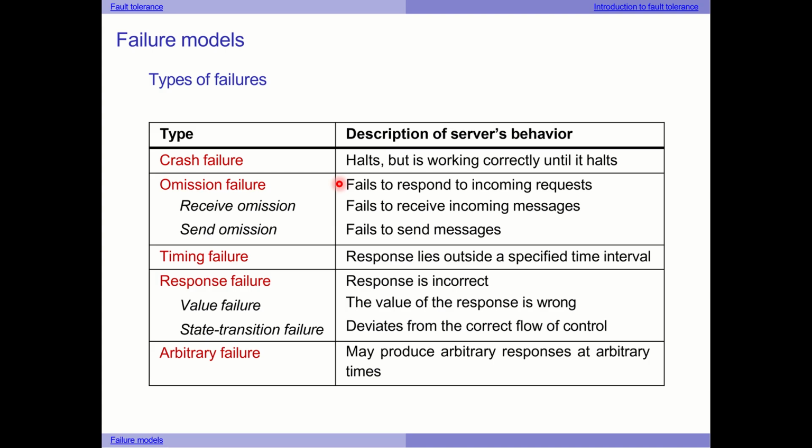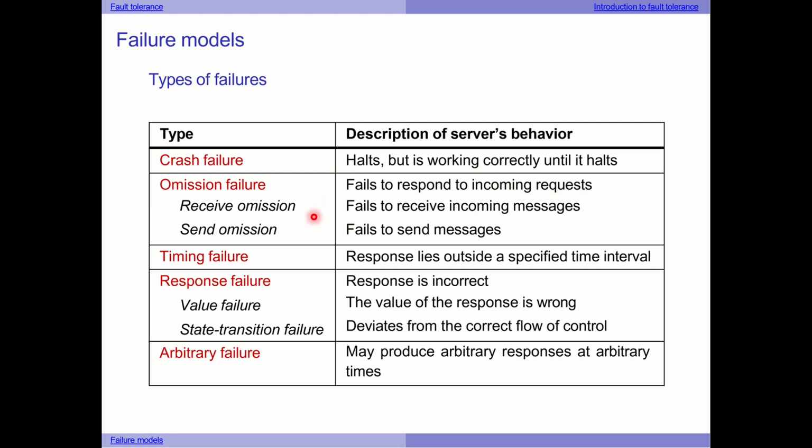Under omission failure, we have two different categories, which are the receive omission and the send omission. Omission failure means the server or the system fails to respond to incoming requests.